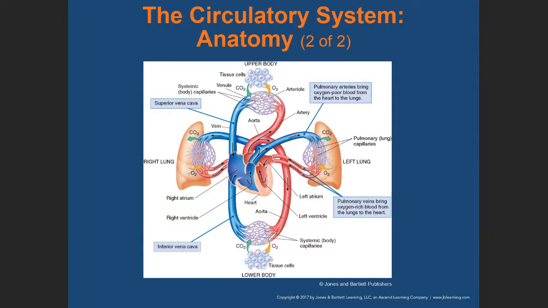So let's break it apart and start with the easiest portion of the circulatory system, which is the blood. You need to know what the blood is composed of, right? What are the main components of the blood?